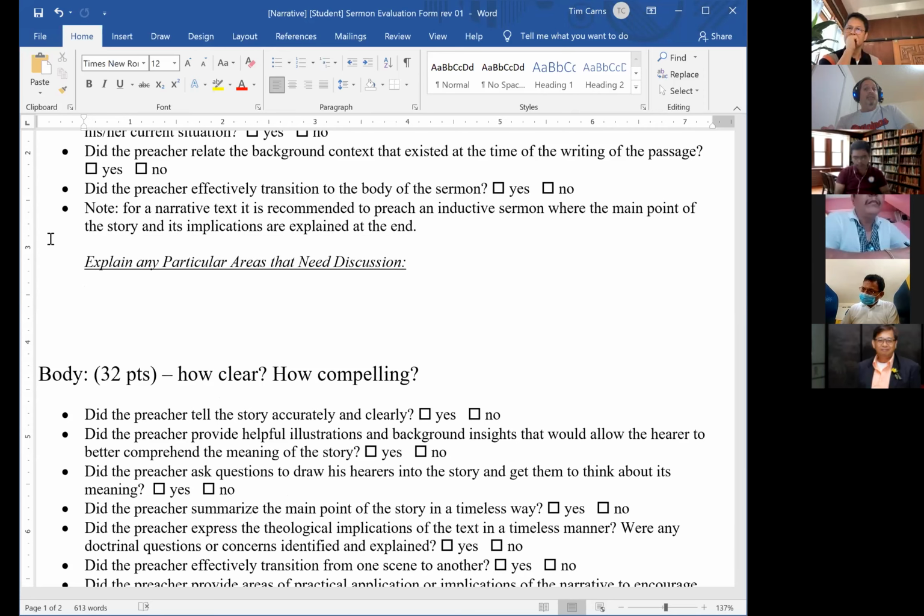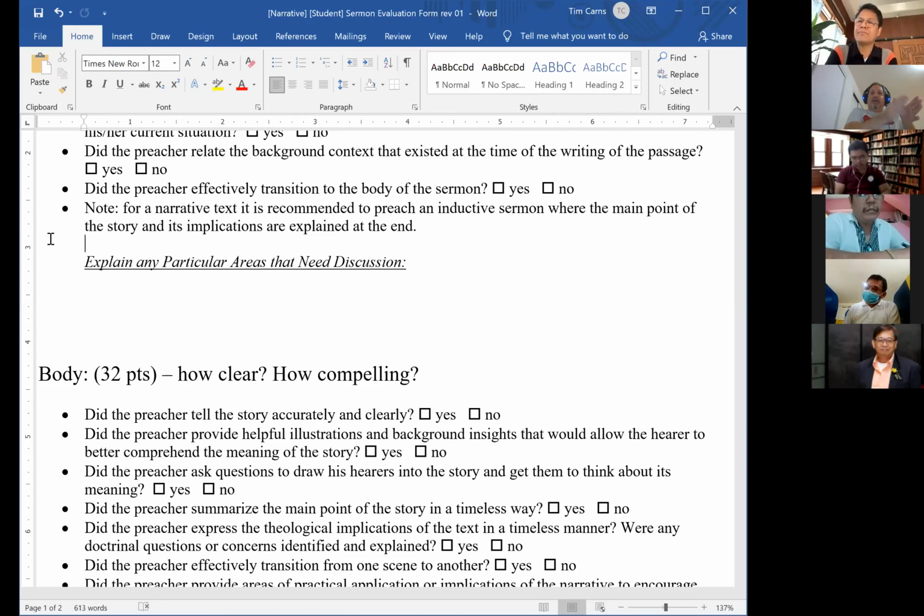Now you can, if you want to do a deductive sermon, that's okay. If you want to say, today's message, we're going to see a story from Scripture about the wrath of God and what God thinks about sin, and we'll find this story in Exodus chapter 32. So you can do that. That would be a deductive sermon.